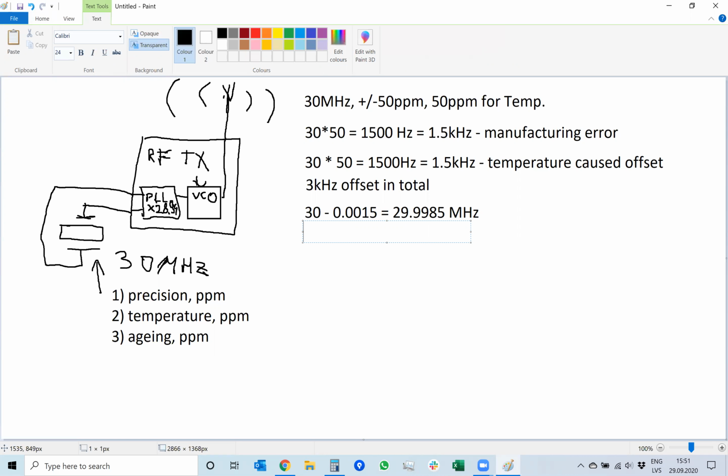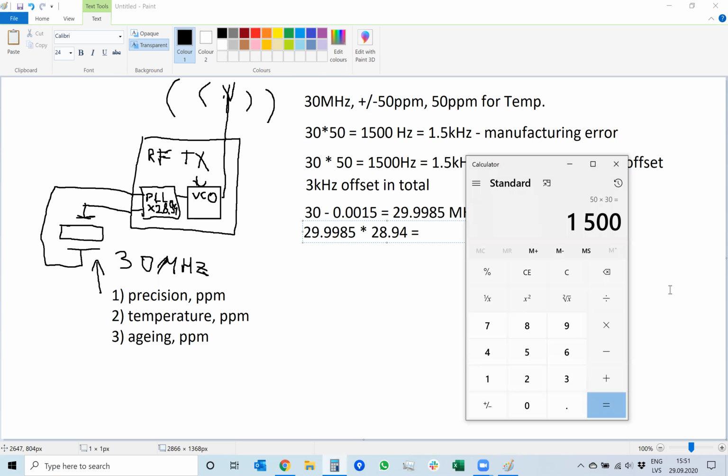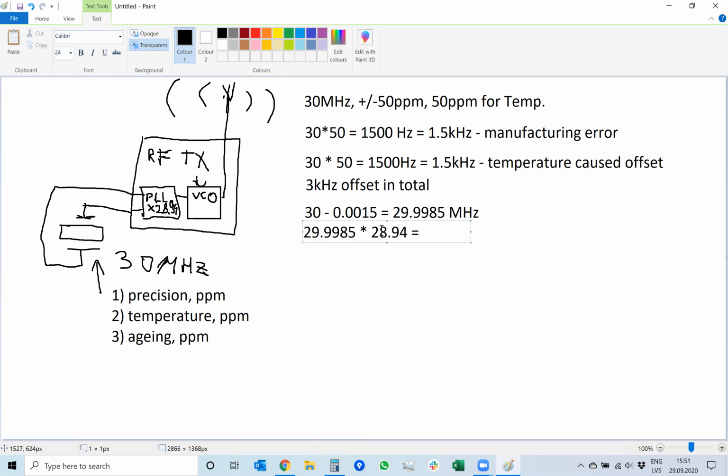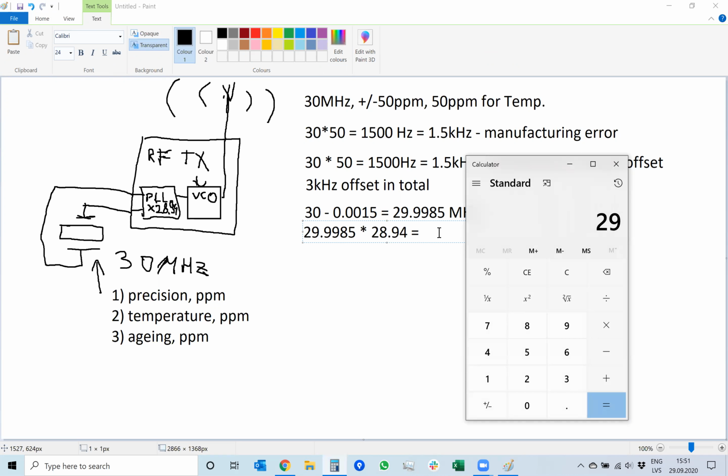So now when we multiply 29.9985 times 28.94, instead of 868.3, we only get 868.16, which actually is pretty much off of what we expected initially.